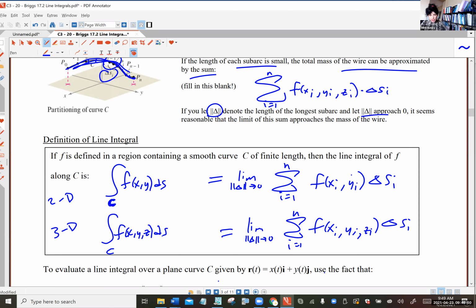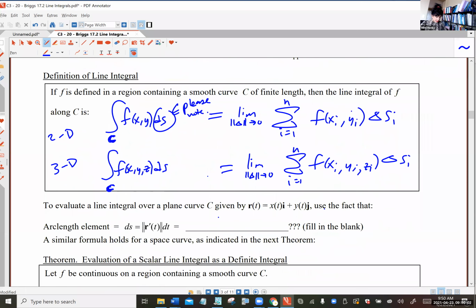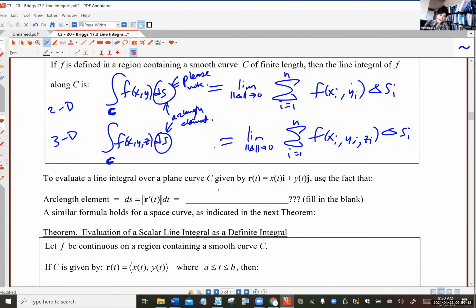Now, this is the definition of a line integral, and you have some fancy notation here. You notice here, this says ds, not dx. Please note, and yes, it makes a difference, ds, because that's what's called an arc length element. Let me remind you, when we did arc length like 2 months ago, arc length s was the integral of speed. Do you remember this?